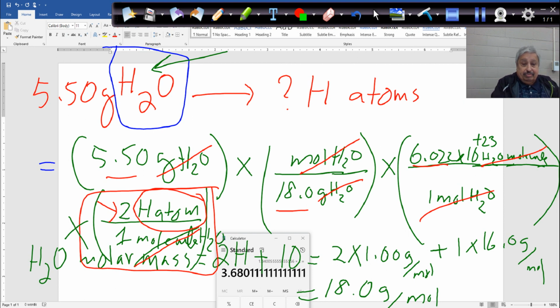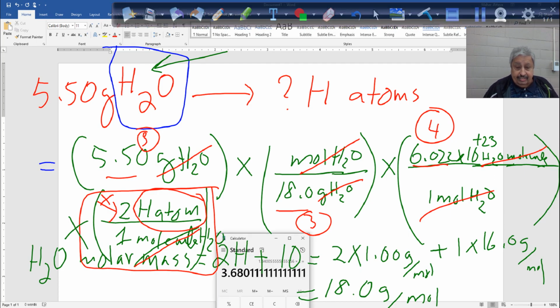But here you have decimals, so these whole exact numbers are not part of it. Your answer is not 1 sig fig. This is 3, this is 3, this is 4. Your answer has to be 3. Are you following me here? So the answer here is 3.68, correct?